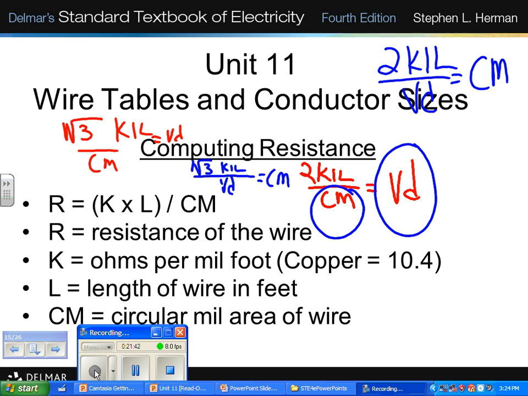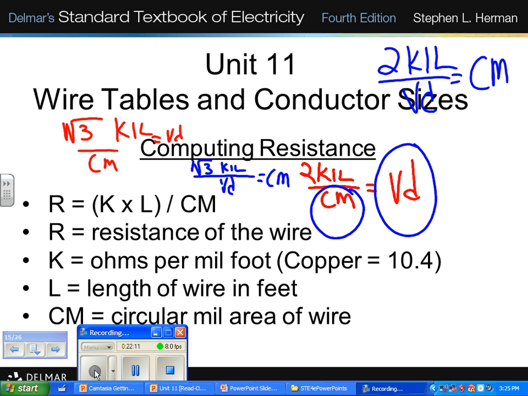So that means that since there's a 5% total, you should never allow any load going out from that sub panel to have more than 3% voltage drop. Okay, and that is generally the voltage drop that we'll work with, the 3%. Because most loads come from a sub panel, we need to allow no more than 3% voltage drop. Okay, that's a number that's going to keep coming up, 3%.